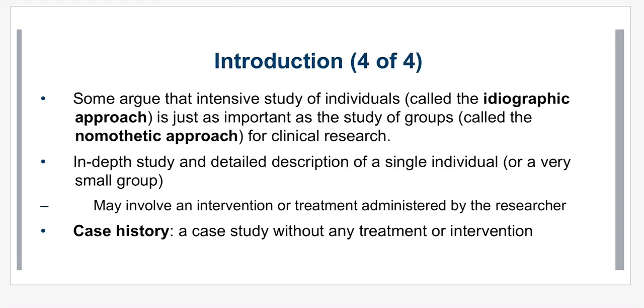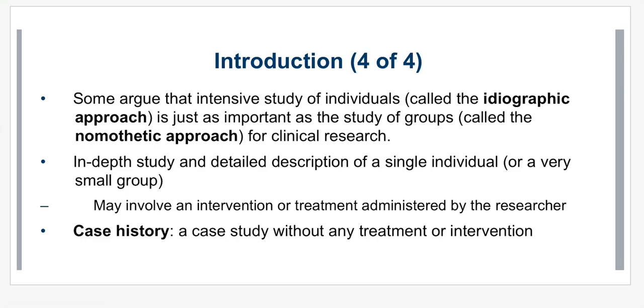For the case study, again, it's that in-depth, very detailed description of a single individual or a very, very small group of individuals. It could involve an intervention or a treatment administered by the researcher, and then we're seeing how that treatment or therapy or intervention affects that person.